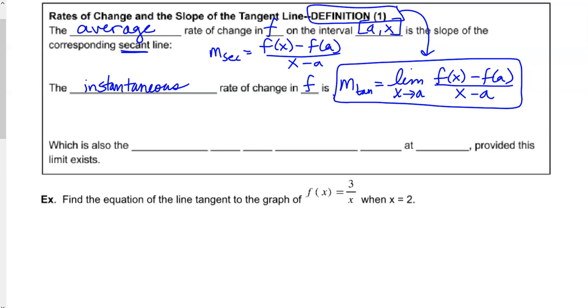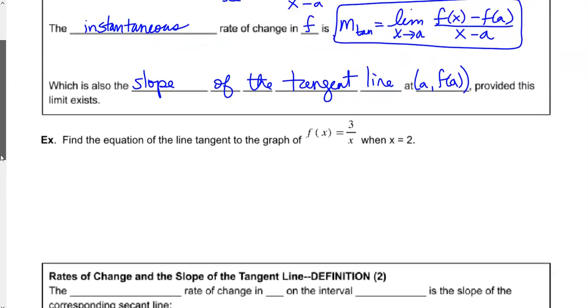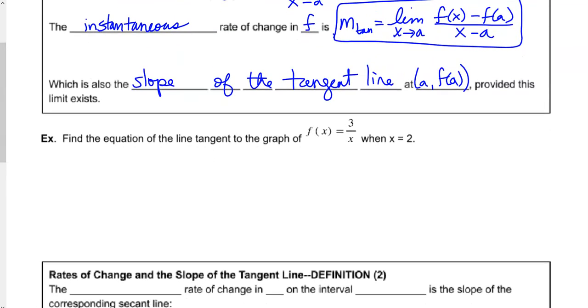Or box it in, star it, whatever you want to do. So this is also the slope of the tangent line at the point (a, f of a), provided that that limit exists. So that's one of the definitions that you'll be using for the limits in finding a derivative of a function at a point.